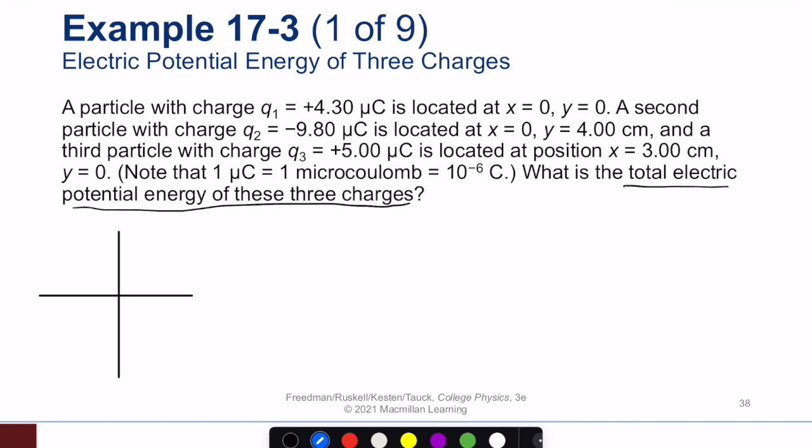So Q1 is positive, and it's located at the origin, 0, 0. And we're going to denote positive by blue. Q2 is negative, and it's at over 0, up 4, so it's up here. And then Q3 is positive, and it's located at over 3, up 0.